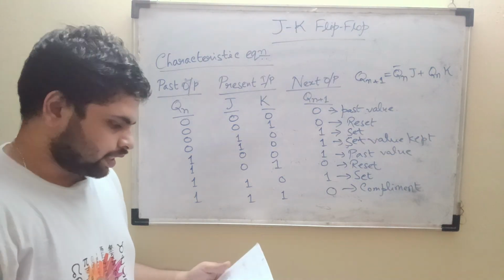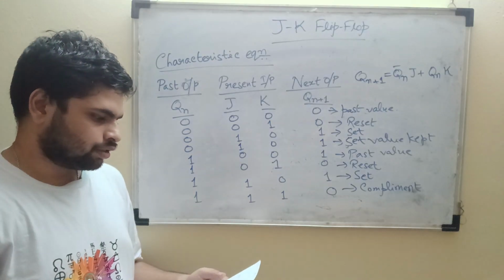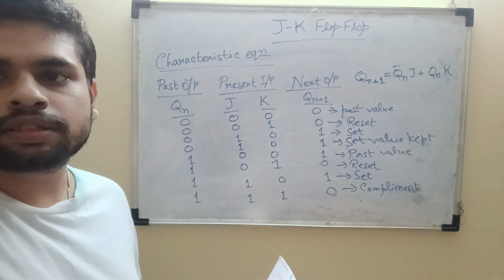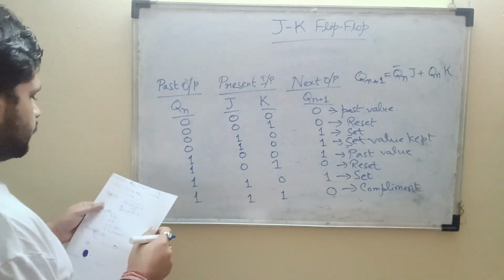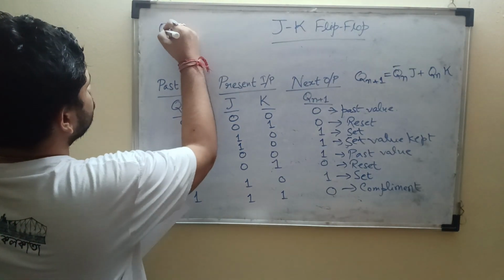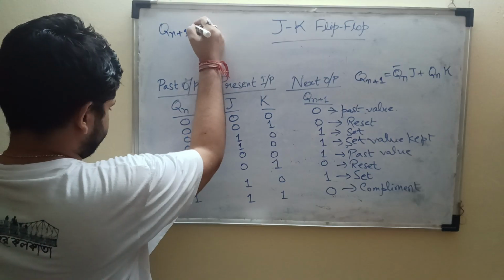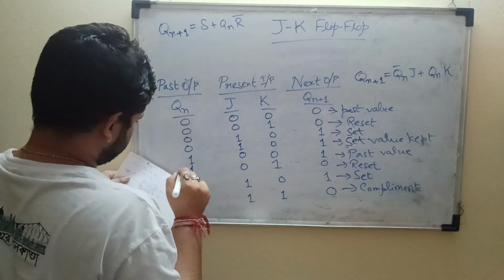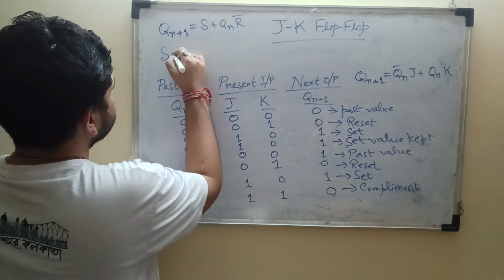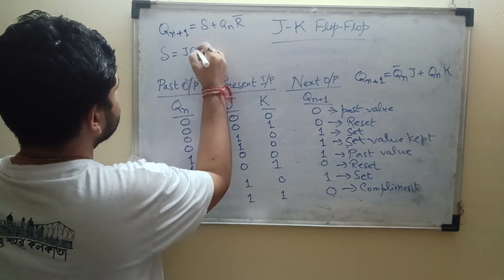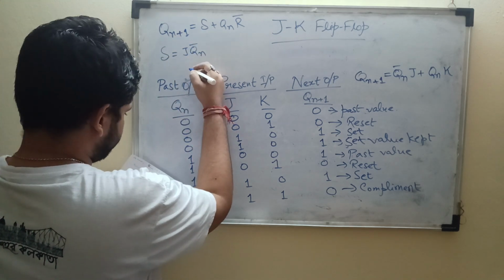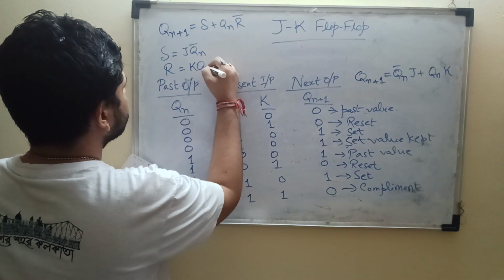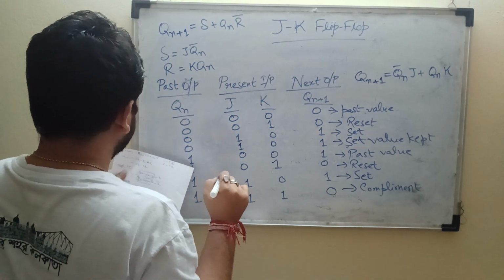Once again we can discuss it through an equation. We know that Qn plus 1 for the SR flip-flop is S plus Qn R bar, and we know that S is J Qn bar and R is known as K Qn.